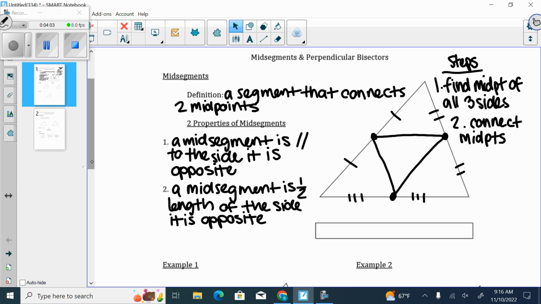And then the last thing I'm going to do is go in and label those midpoints, give them a name. I'm going to label them A, B, and C. So I'll label this one A, this one can be B, and this one C.